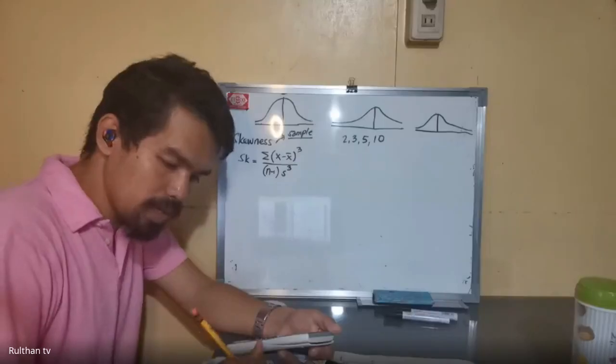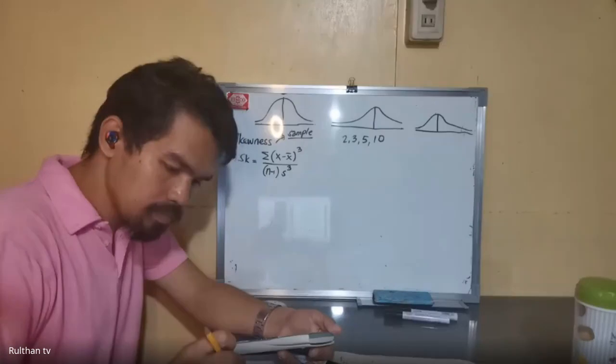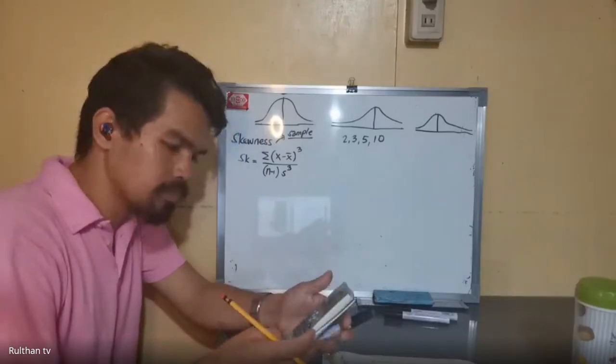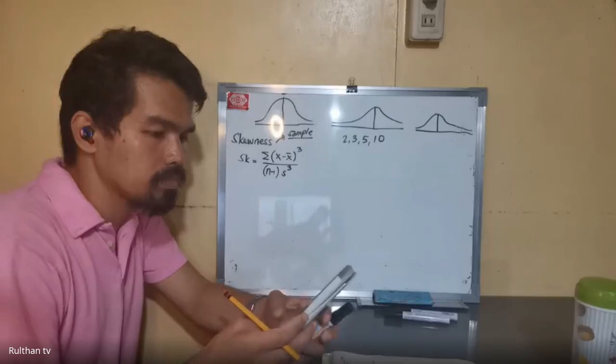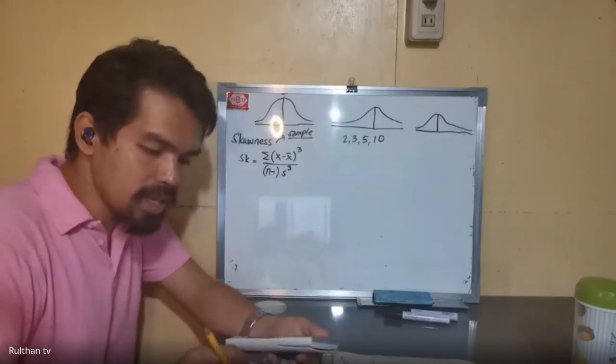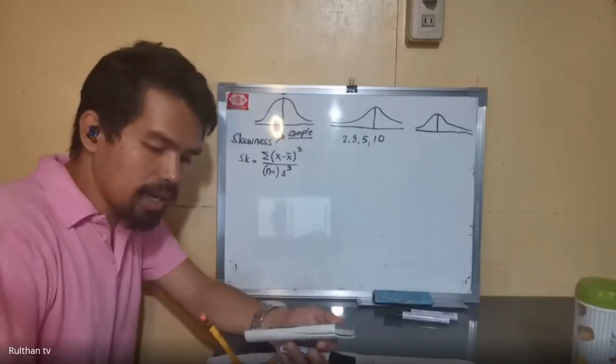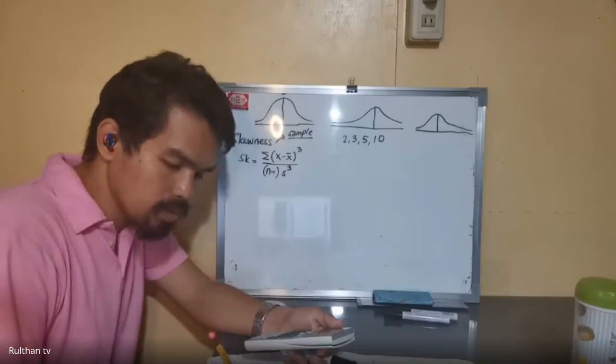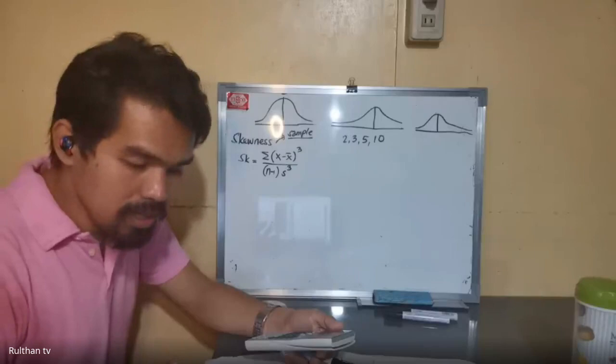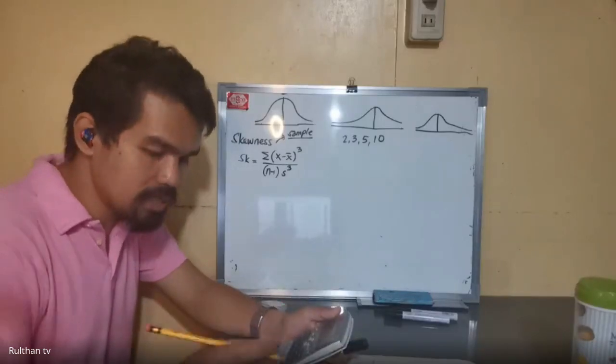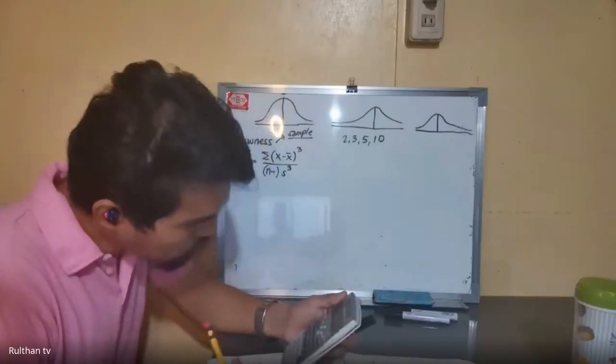Okay, our SD is 12.67, and our variance is 3.56, sir. No, 12.67 is the variance, but I'm asking for the standard deviation.